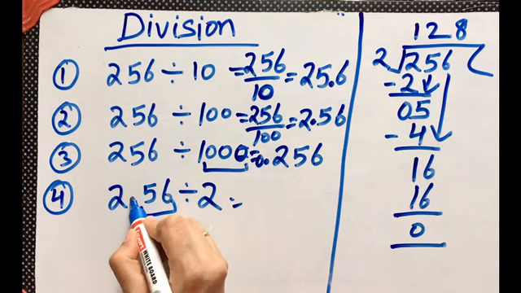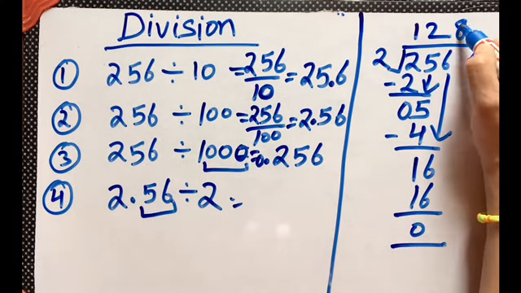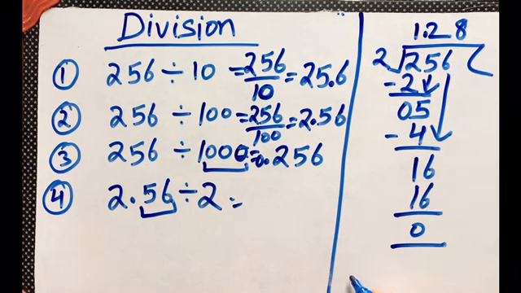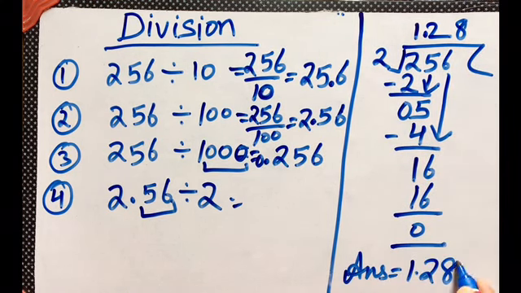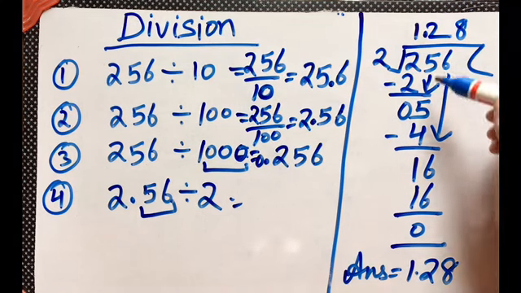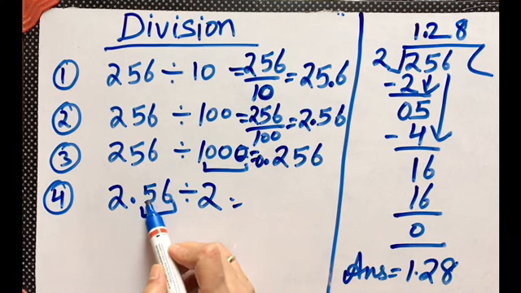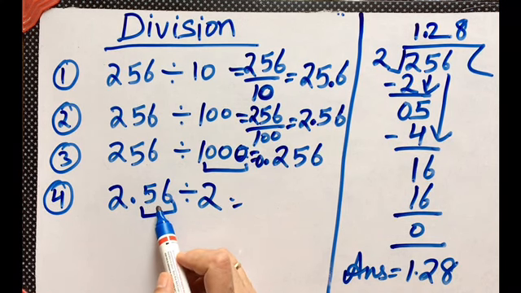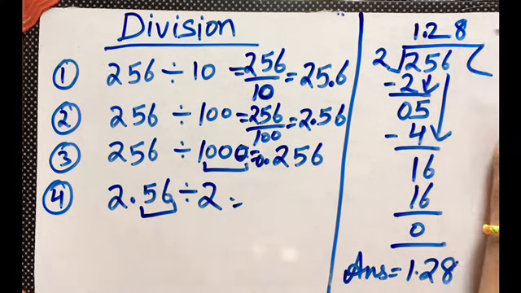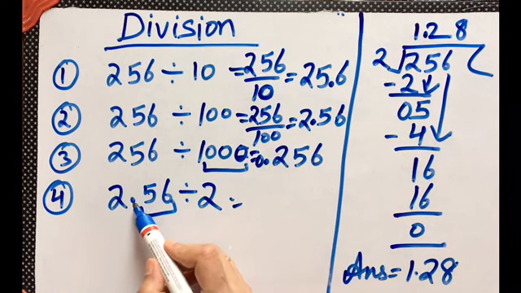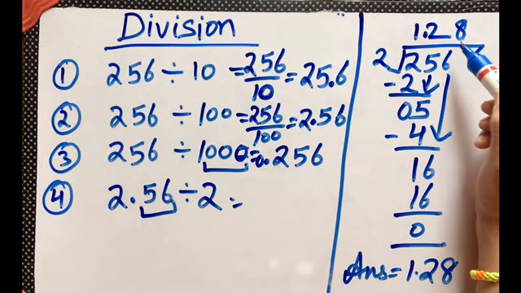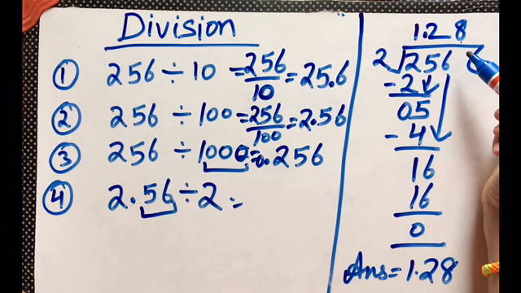After 2 places, 1, 2. So here also 1, 2, so your answer will be 1.28. Fine. So we are just dividing, and then calculating the number of digits after which the decimal was there, and putting the decimal after that. After 2 digits the decimal was there. Here also the decimal is after 2 digits only.